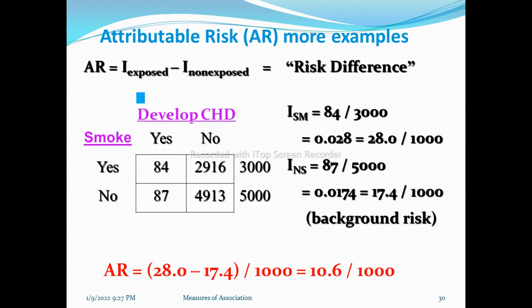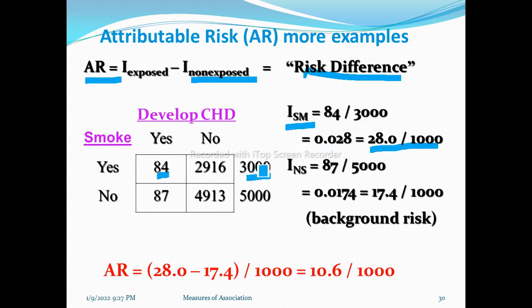The third example: attributable risk is equal to incidence in exposed minus incidence in non-exposed, which is equal to risk difference. This is CHD, yes or no. This is smoking, yes or no. The incidence in smokers is 84 over 3000, which is 28 per thousand.